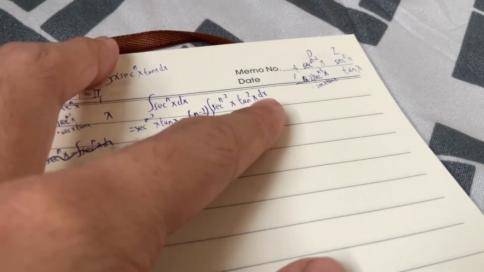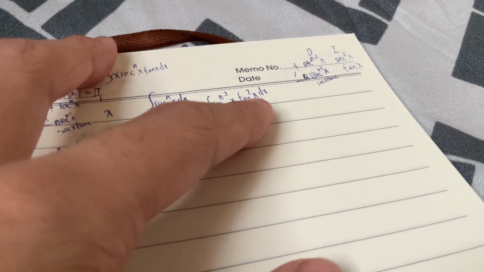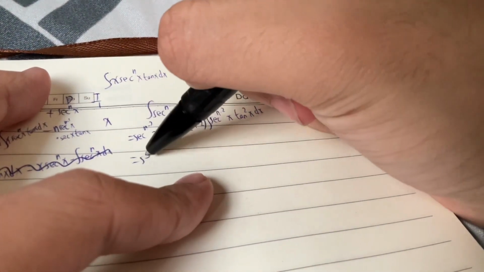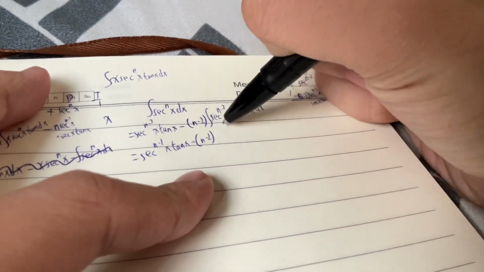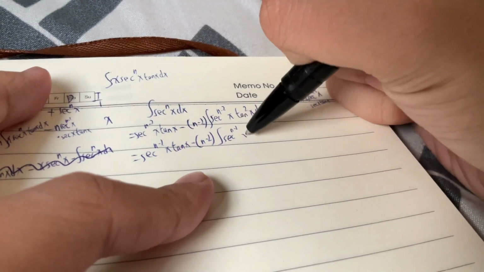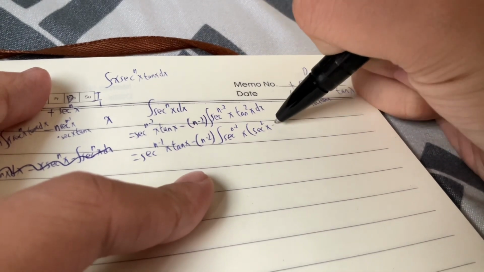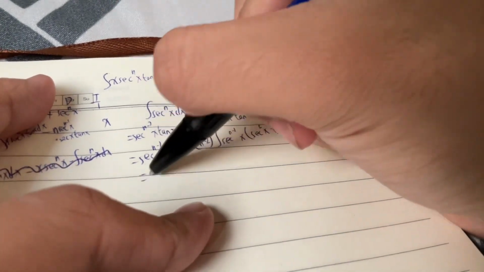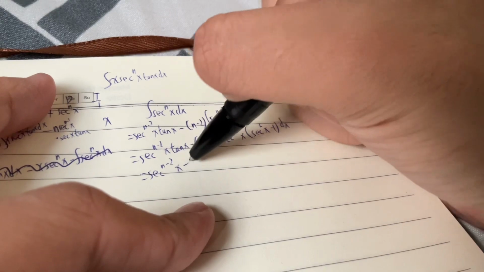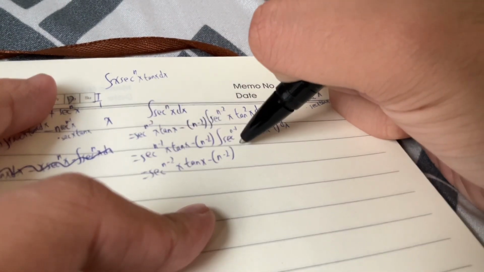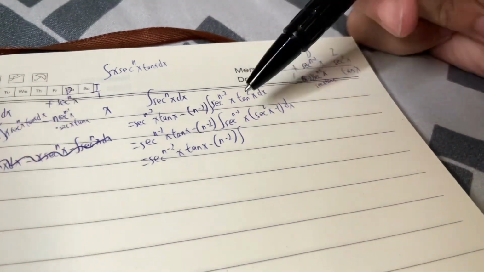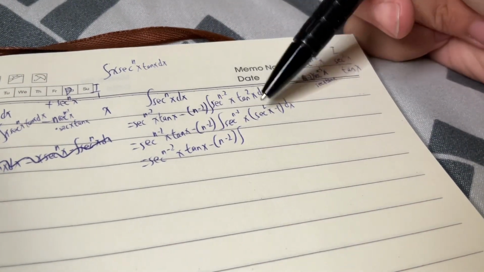And then here we can break tangent square x as secant square x minus 1. You'll see what happened. Multiply by secant square x minus 1. So you can distribute inside. Let me also distribute the constant inside.